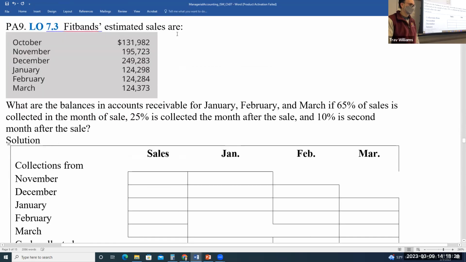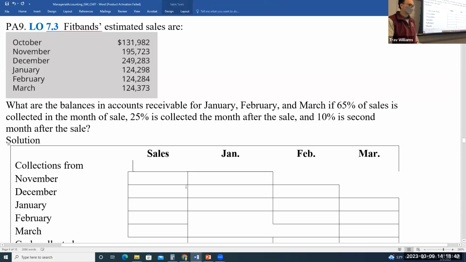This one's interesting. Okay. So this is one where we have to figure out the cash collection schedule. Let's start with the easy part. Here they give us sales for these 6 months.